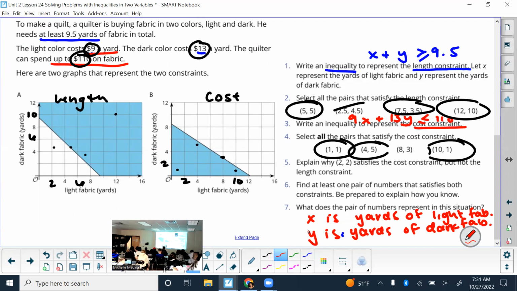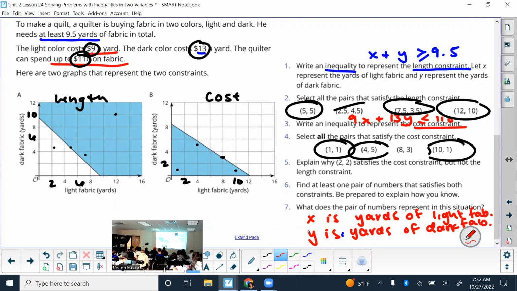So in any of these combinations, like for the length, we could do 12 light, 10 dark. Or like for the cost, we could do 10 light, 1 dark. Now, aren't both of them constraints? Doesn't she need to meet both constraints in this situation?